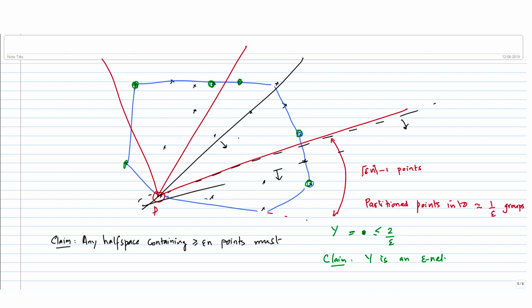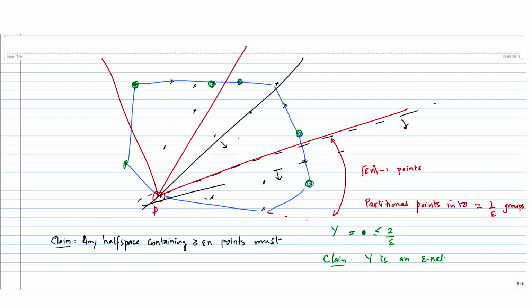So therefore, if I take for every red ray from P the two endpoints of the convex hull intersecting that ray, those points I claim form an epsilon net, because every such half space that is large must intersect two of the wedges and therefore must contain one of those endpoints of the convex hull.